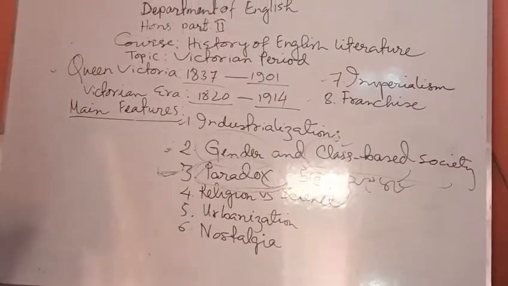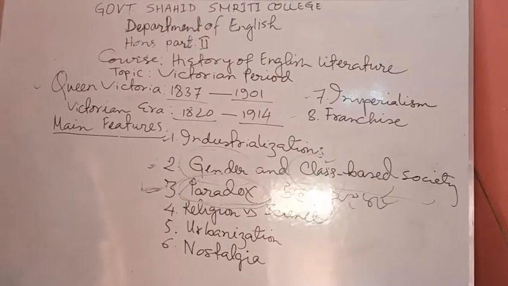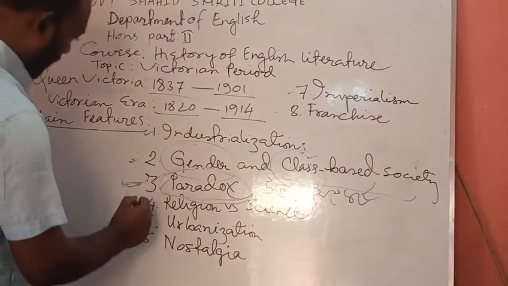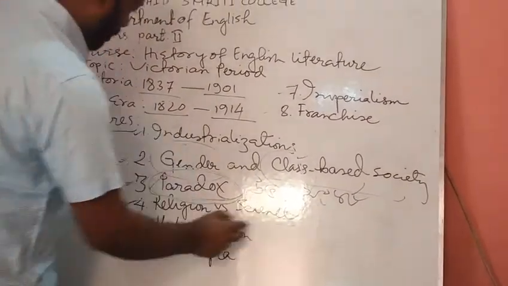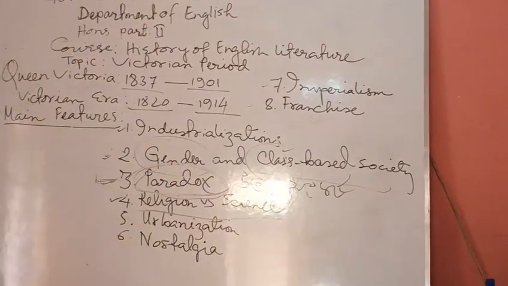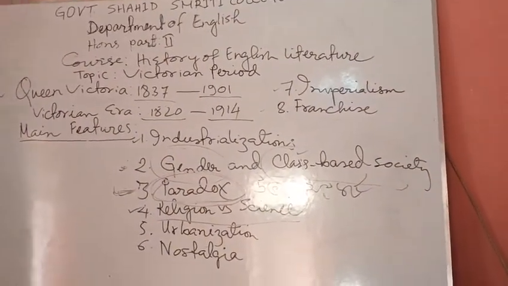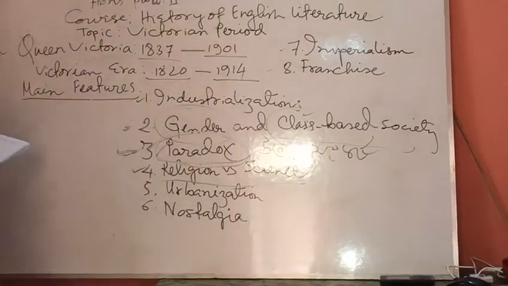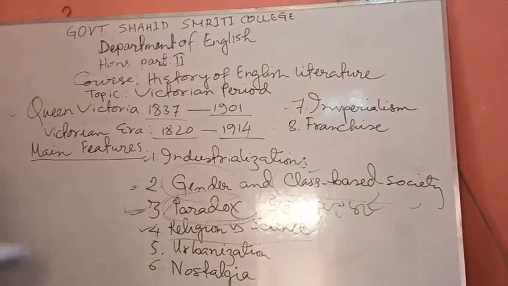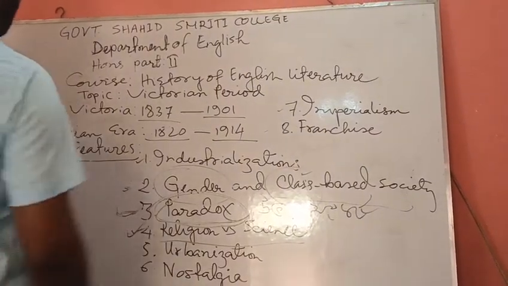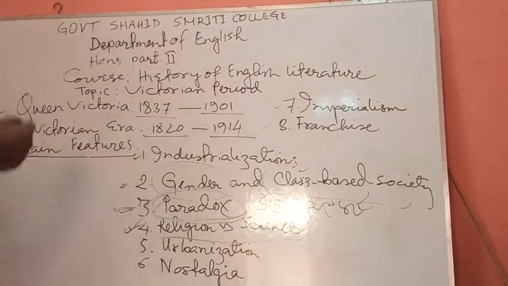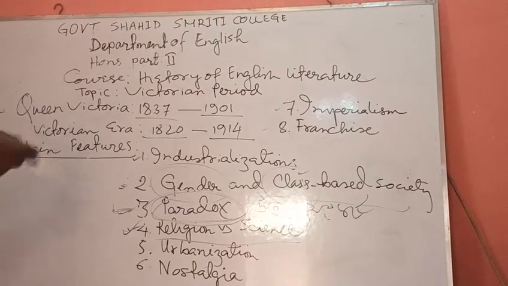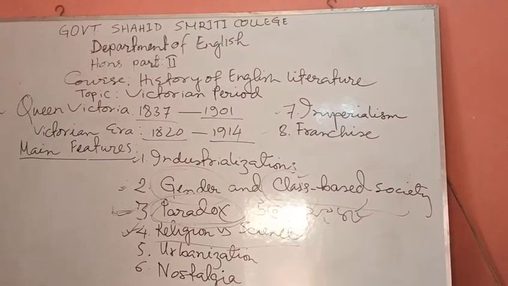Then, one of the major topics that we need to focus on is the conflict between science and religion. This happened because one of the most important changes took place during this time.